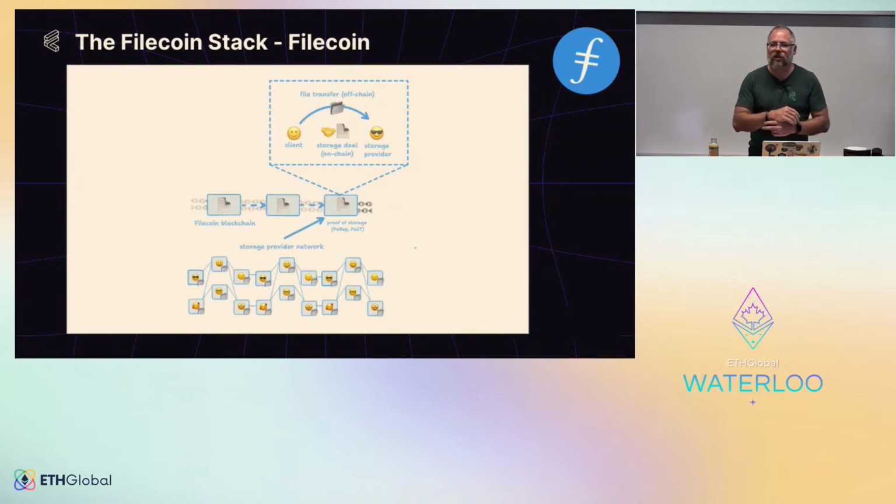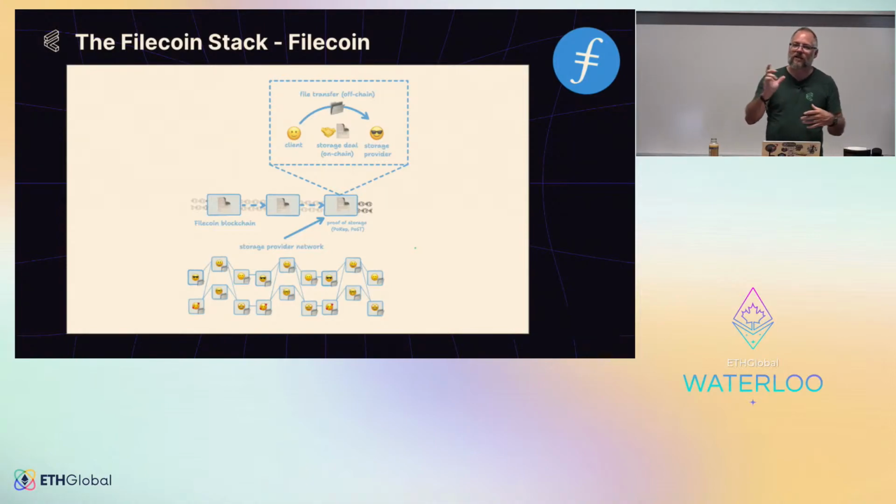It can be downloaded via HTTP, could be using one of the IPFS protocols like BitSwap. It could literally be a station wagon full of hard drives turning up with the data on. Remember, the Filecoin data network is designed to store petabyte ranges of data. So it's very flexible in how you actually get that data to a storage provider.